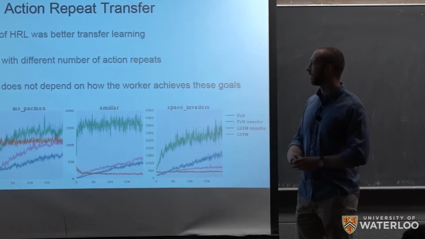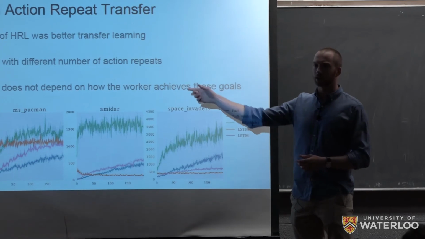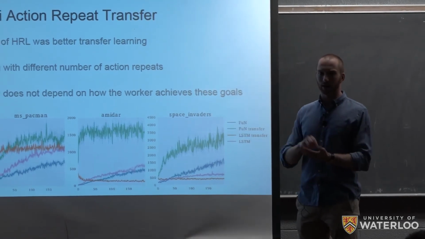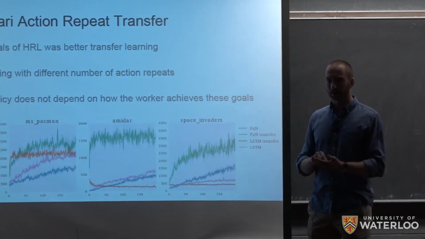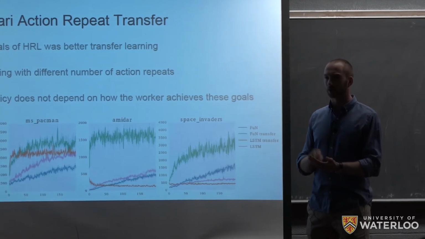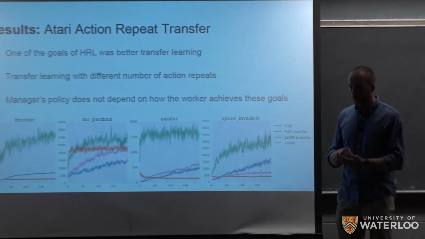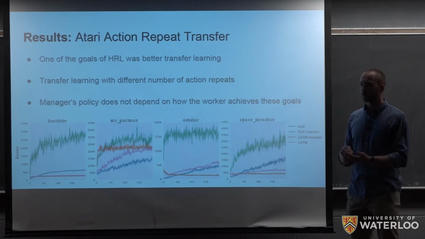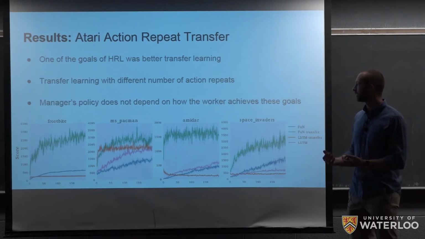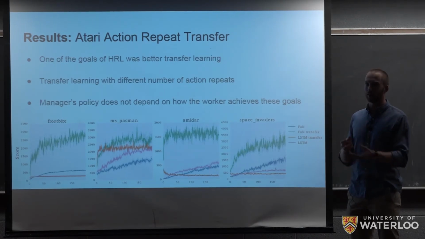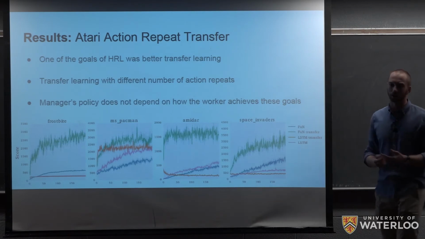And again, the idea is that this is because the manager's policy does not depend on how the worker actually takes these actions. The manager outputs a good direction, and then the worker just has to figure it out. So it's almost like it's easier to transfer because half of your network doesn't need to be retrained.